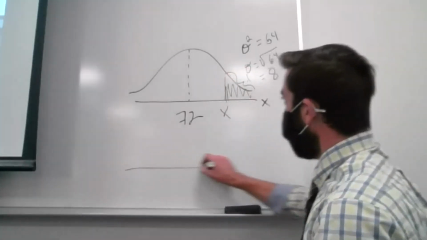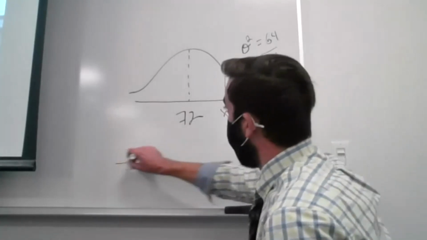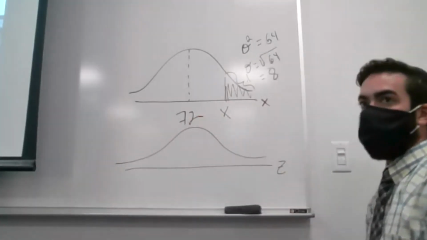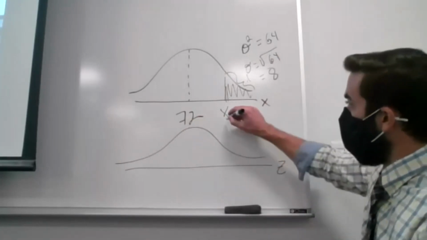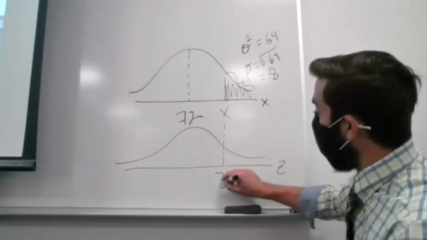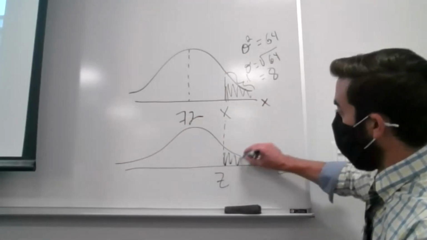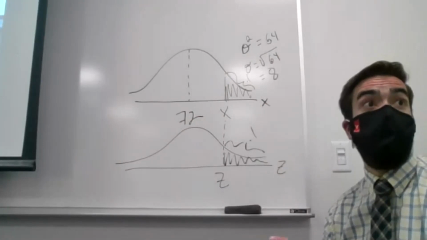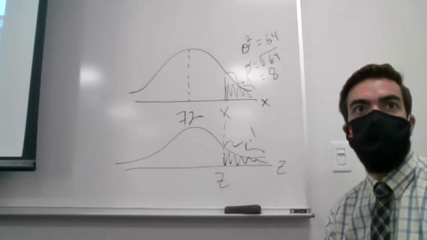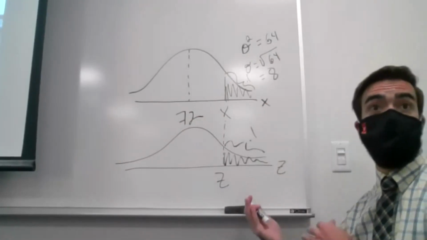Well, I know that I can convert any normal distribution into a standard normal distribution or z-scores. So what I'm going to say is there's some z-score that would give me that 0.1 in that upper right tail, right? I don't know what it is yet, but I know that it exists.